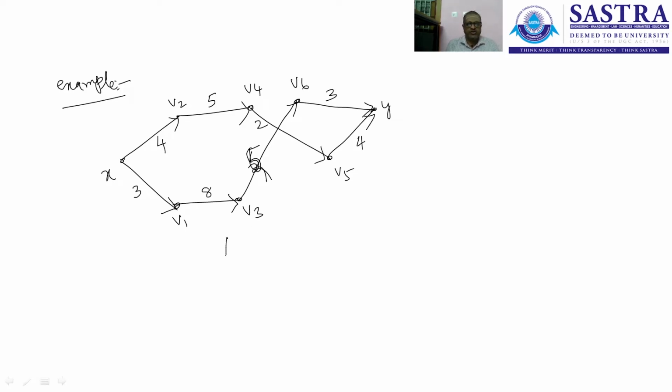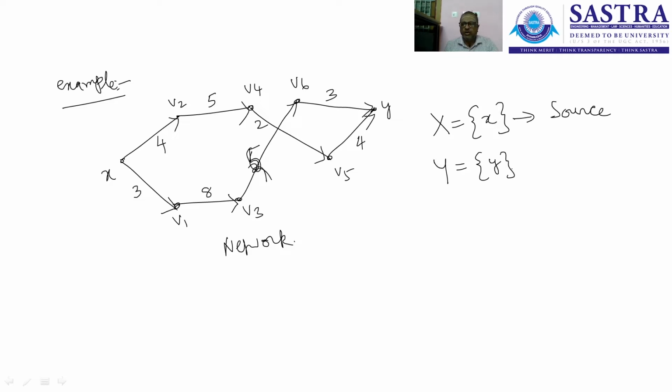This represents a network. And now, if you look at this X, which contains only one vertex, this is called the source. And I have capital Y, only one sink. You can see that.